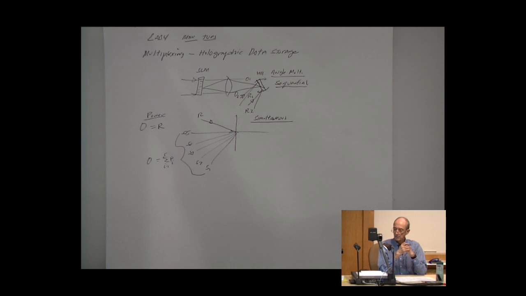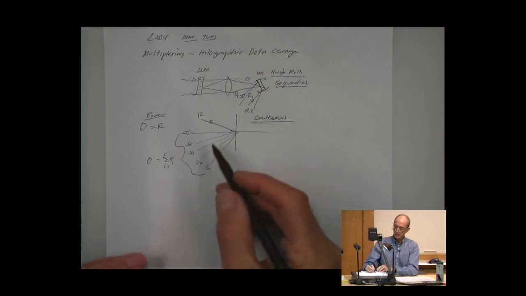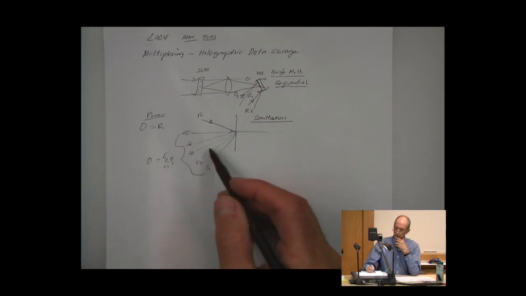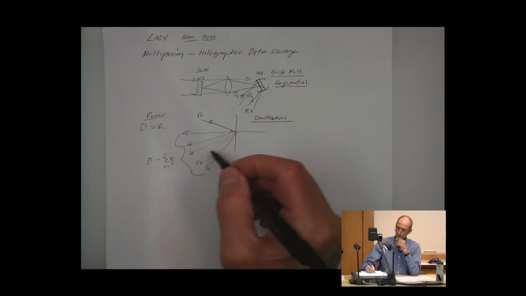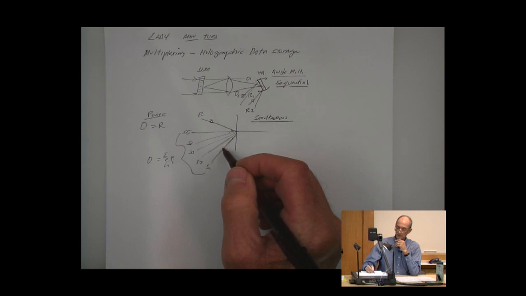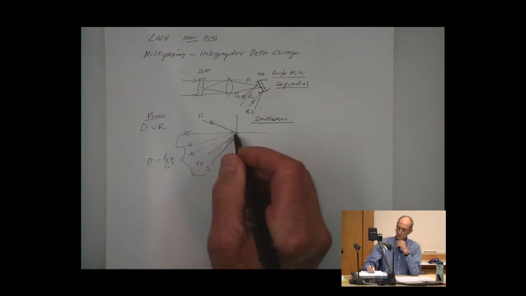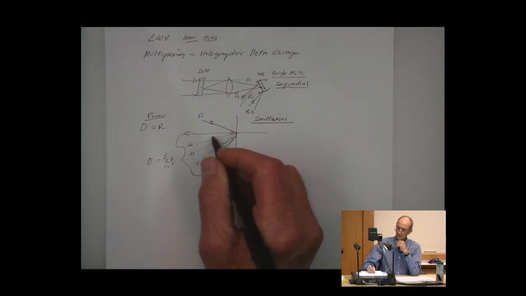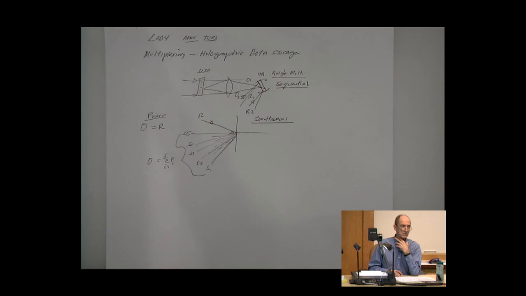Okay. The problem, though, is that when you do a simultaneous recording like this, you then have each of these beams interfering as well, and so you end up getting other gratings, intermodulation gratings, being formed with fringes that are maybe oriented along the bisectors of those.